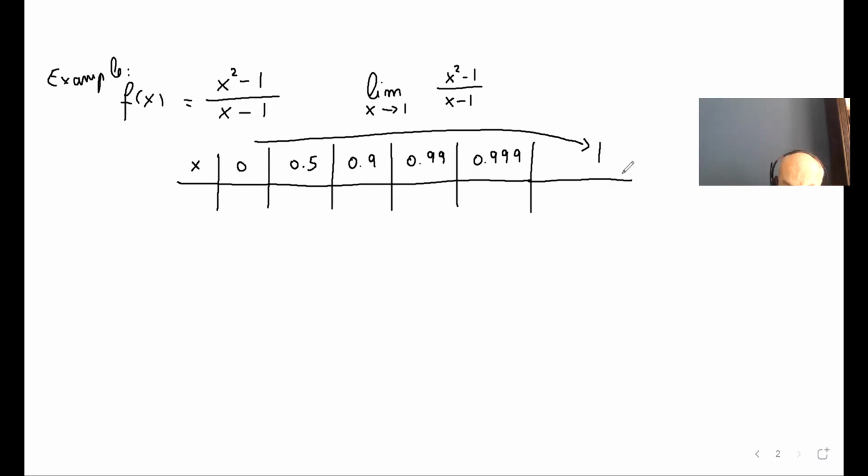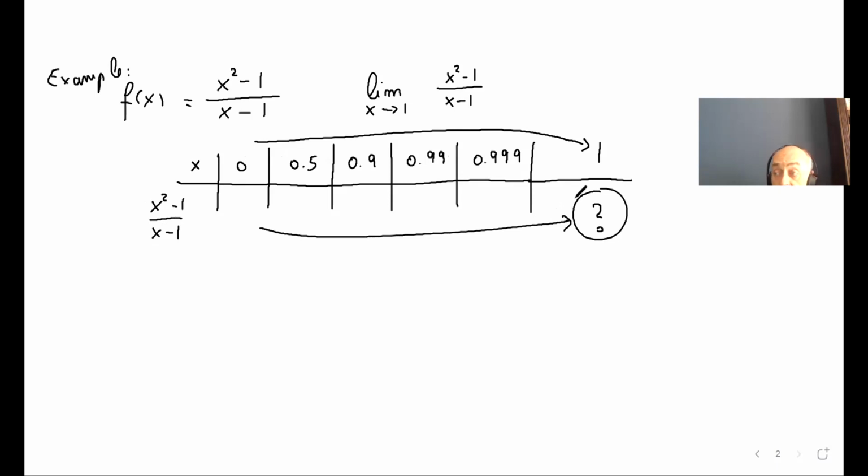So the question is, can I conclude the same sort of thing about the numbers x squared minus 1 over x minus 1? If I calculate the values of this function at these numbers, can I conclude that all these numbers down here get very close to something?